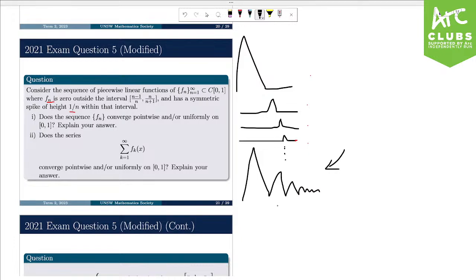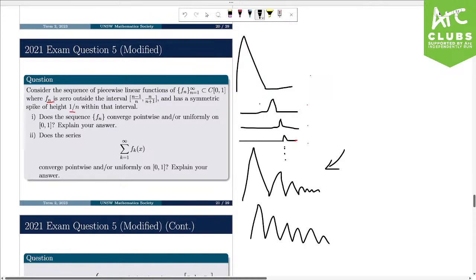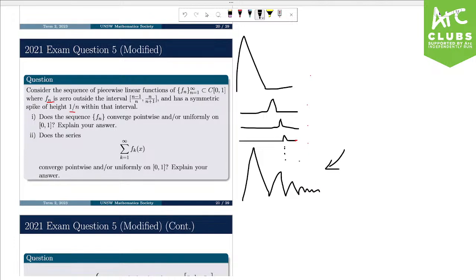And uniformly, if we have any epsilon that we want the difference to be smaller than, we can just take spikes until the first spike that's not included has height less than epsilon.